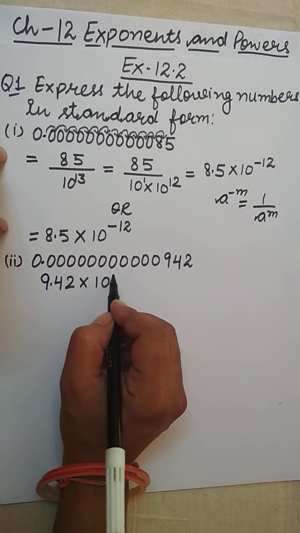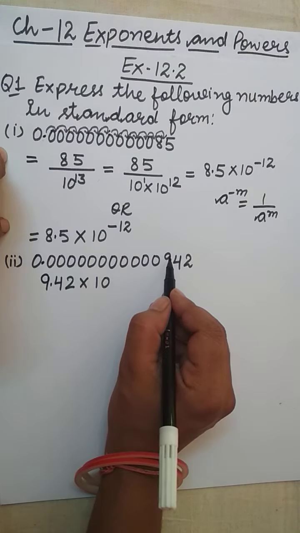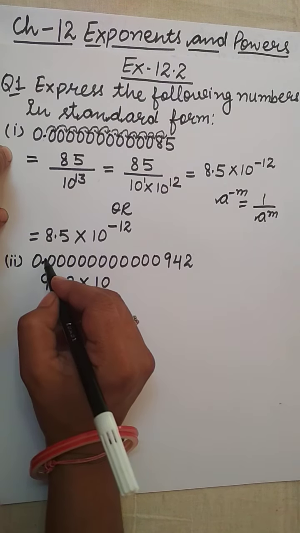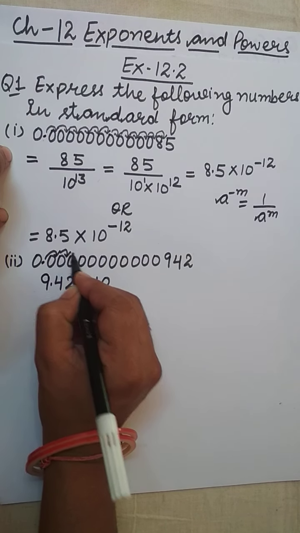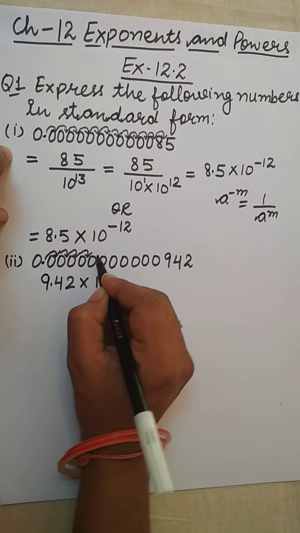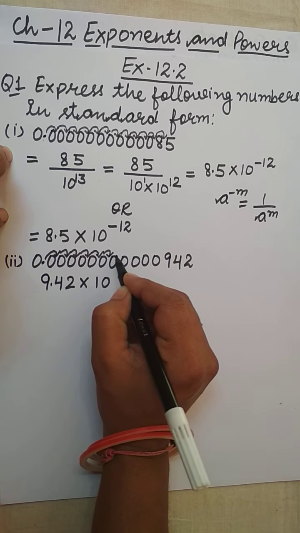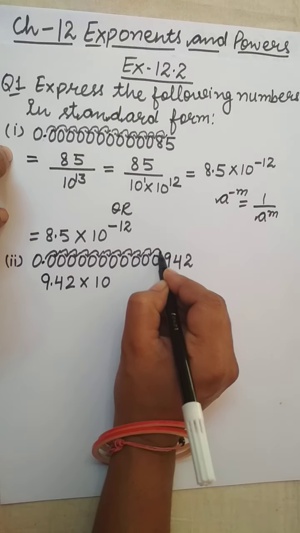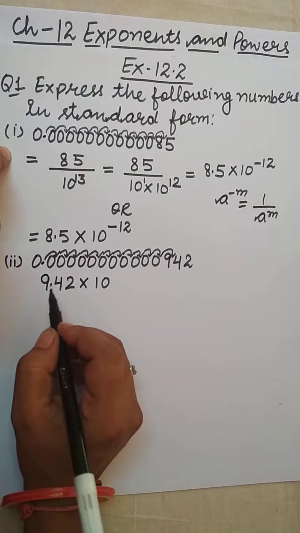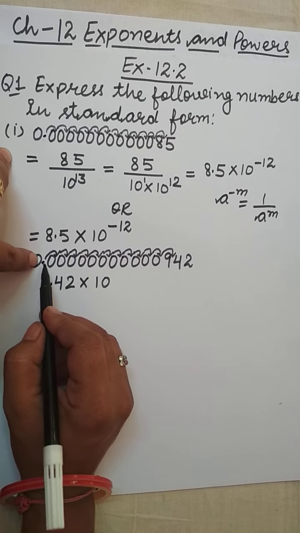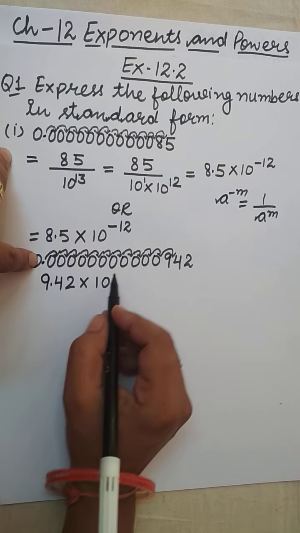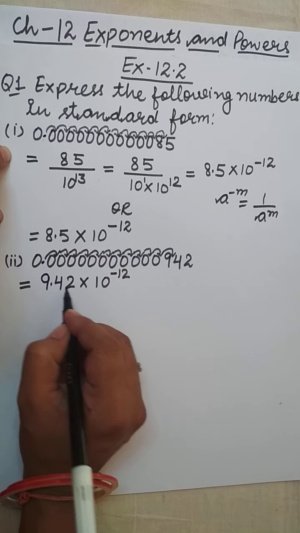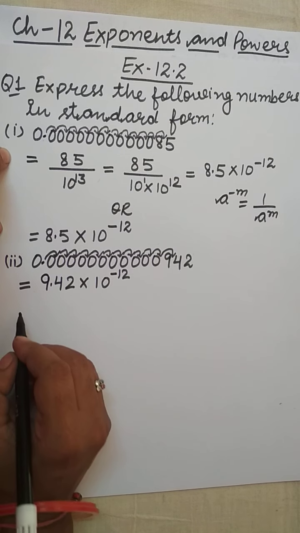Now I will count how many digits we shifted this decimal, and we will write that as the power. 1, 2, 3, 4, 5, 6, 7, 8, 9, 10, 11 and 12. As we shifted this decimal 12 digits, 10 raised to power minus 12 is the answer. The answer is 9.42 into 10 raised to power minus 12.